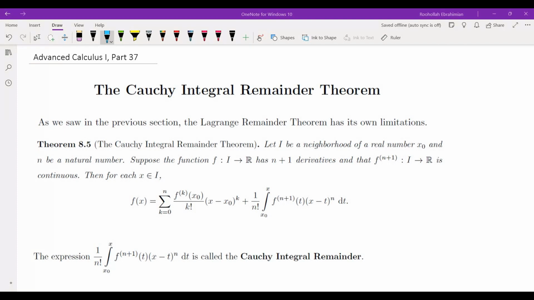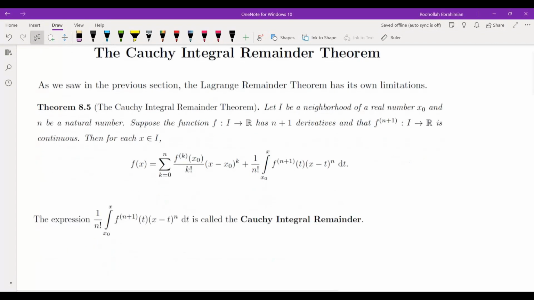So we would like to find another formula, called the Cauchy integral remainder theorem, that gives us a better understanding of the remainder. All of this is for the purpose of proving that a function is equal to its Taylor series. So what is the Cauchy integral remainder theorem and how do we prove it?